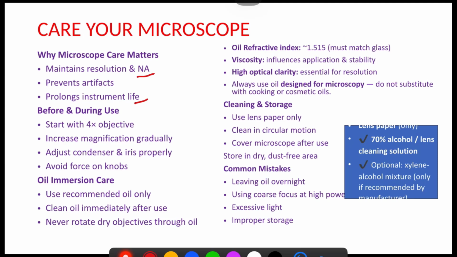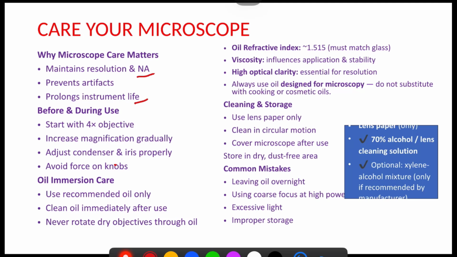First, start with the 4x objective. Second, increase magnification gradually. Adjust the condenser and iris properly. Avoid force on the knobs. Then oil immersion care: use recommended oil only, and clean the oil immediately after use. Third, never rotate dry objectives through oil.